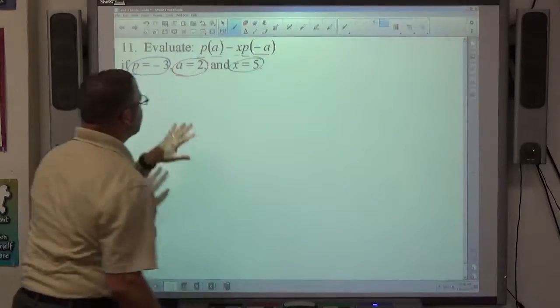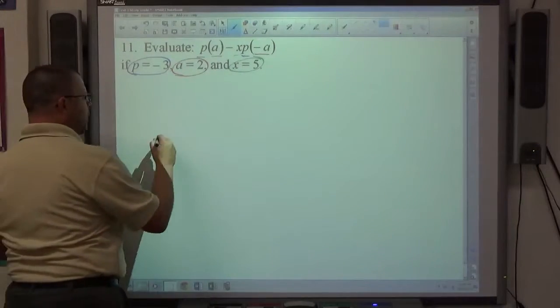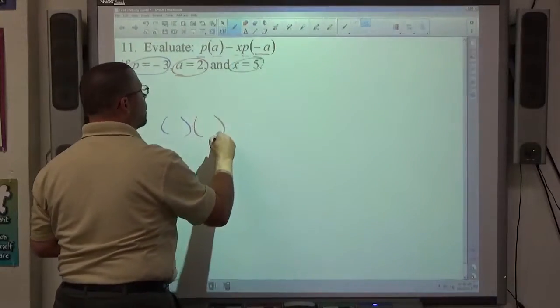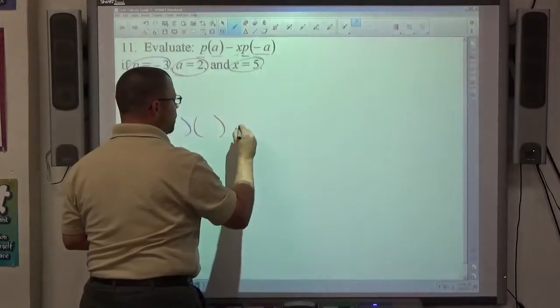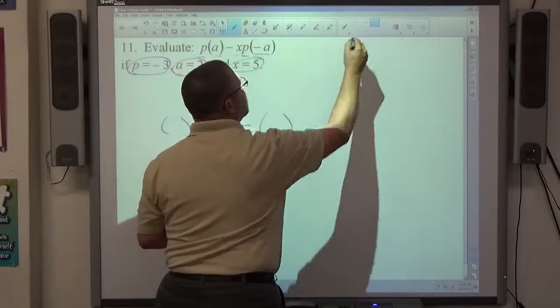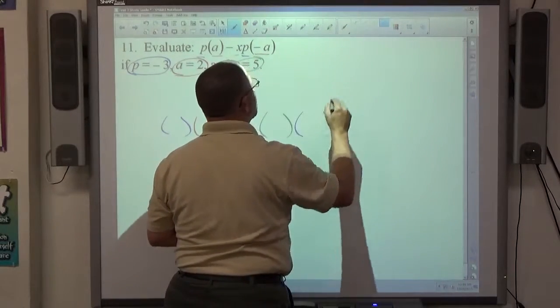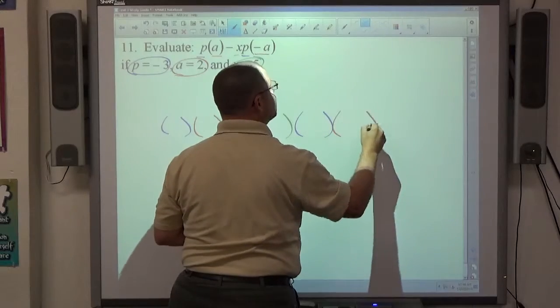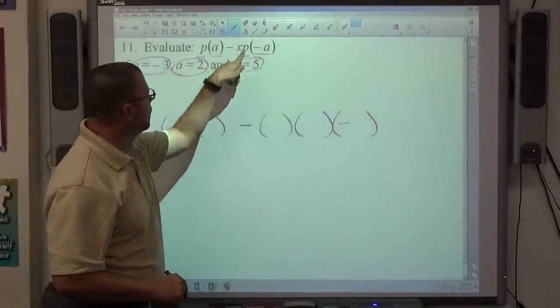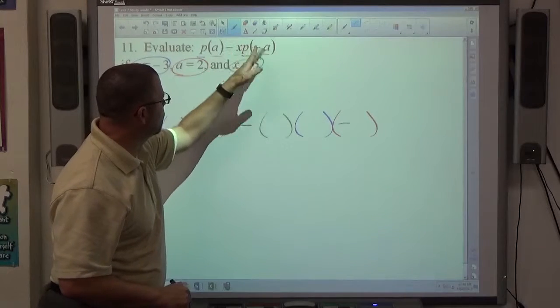So if I take my structure that I have up there, p is being multiplied by a, so here's p being multiplied by a. Then there's a minus sign that's just part of the expression, and then x is being multiplied by p, which is being multiplied by negative a. Again, that minus sign is part of it, but these things are being multiplied. P parentheses is multiplication.